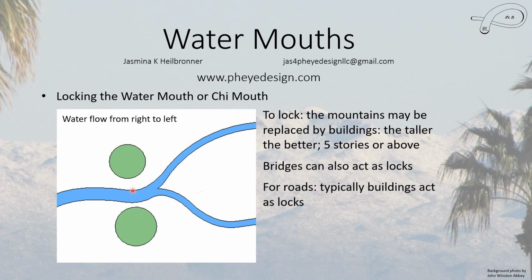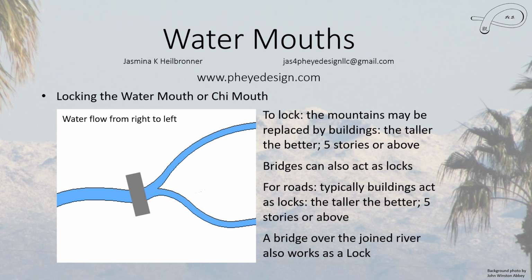Bridges over the river, especially downhill of the water mouth, also act as locks. And if you're talking about roads, which I'll talk more about later, typically it's the buildings that will act as locks, but hills can do it too. So here's an example where you have a bridge.